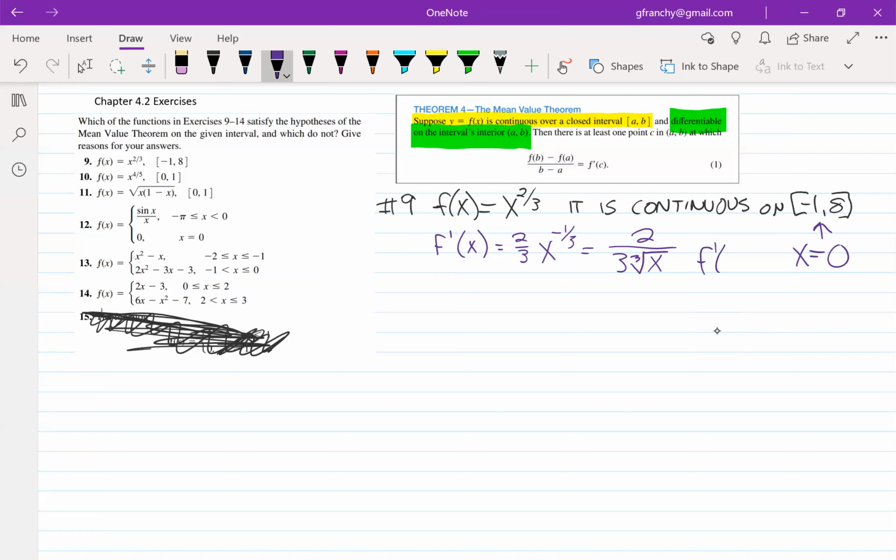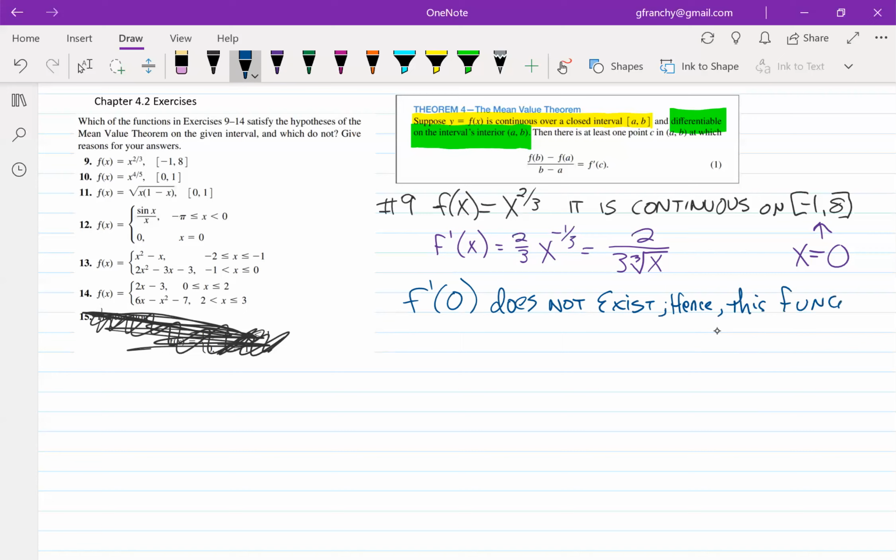And the derivative at 0 does not exist. Hence, this function does not satisfy the hypotheses of the mean value theorem.